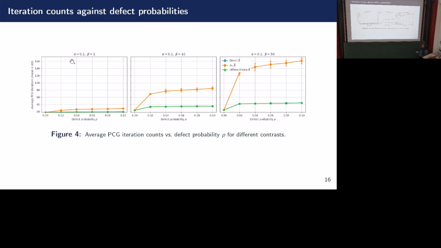And these three things corresponded to three different contrasts, where the contrast between the variables, alpha and beta, is 10, 100, 500.